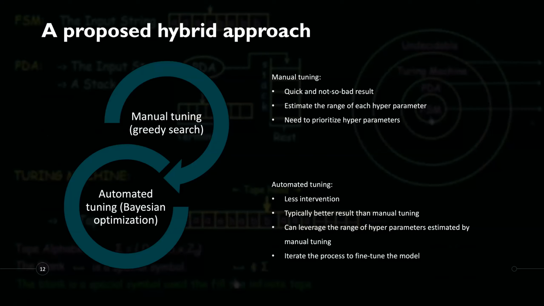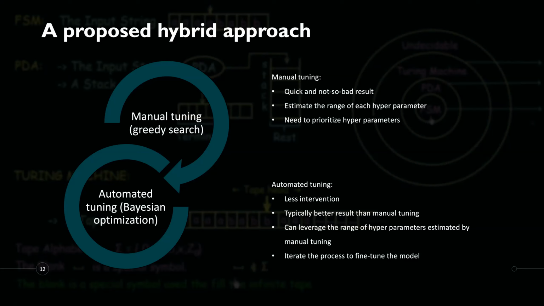One question I've been asked often is, given that we already have an approach like Bayesian optimization, does that mean we don't even need to bother about parameter tuning or model tuning? My answer is no. Bayesian optimization is a good approach, but it also has limitations.